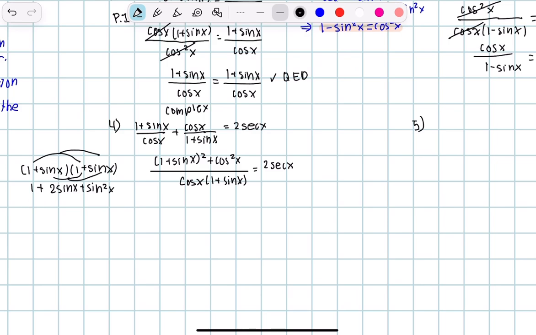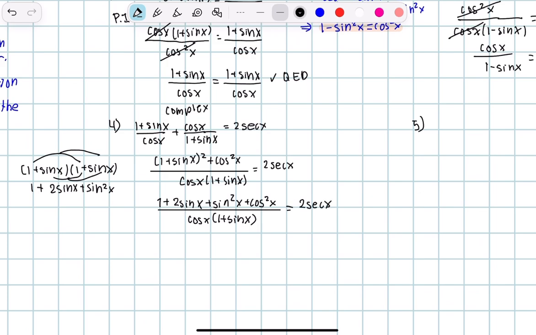Then you plug that back in. That's just going to be 1 plus 2 sine x plus sine squared x plus cosine squared x, all divided by cosine x times 1 plus sine x, is equal to 2 secant x.